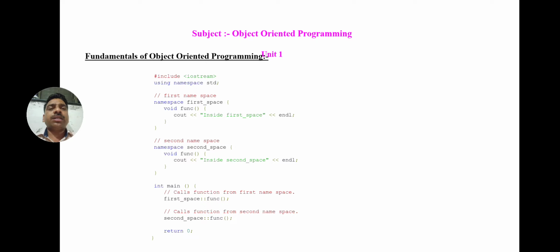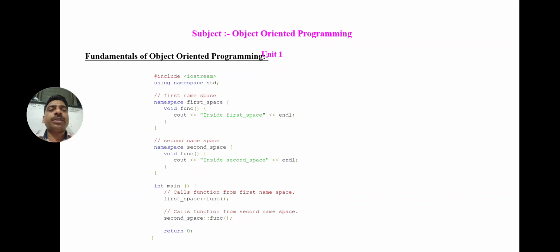In this example, the commented part is the first namespace, and inside it first_space is the namespace provided for storing the void function. Inside this we have written cout inside first space.